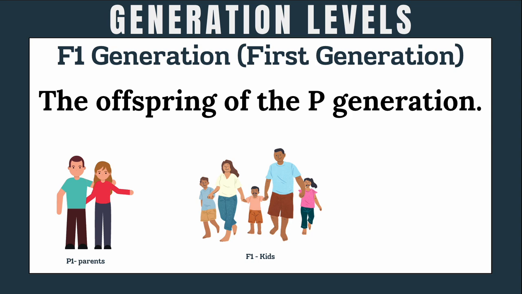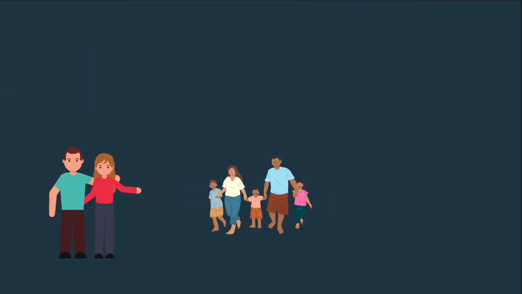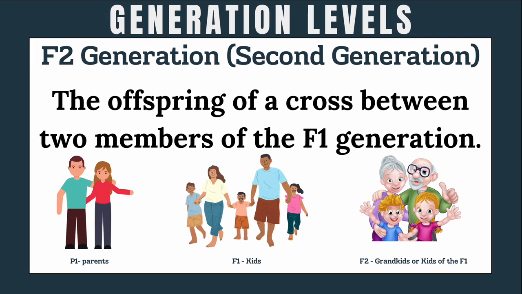So your F1 generation is the offspring of the P generation. So your P generation is your parents. The F1 would be the kids. And then finally, the F2 generation would be a cross between two members of the F1 generation. So that could be grandkids or kids of the F1 generation.